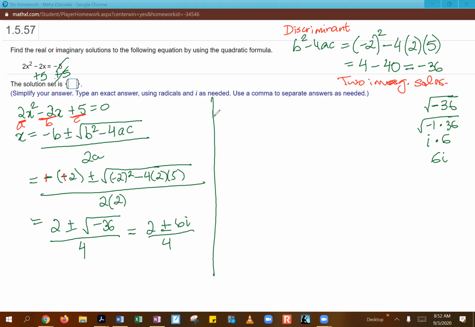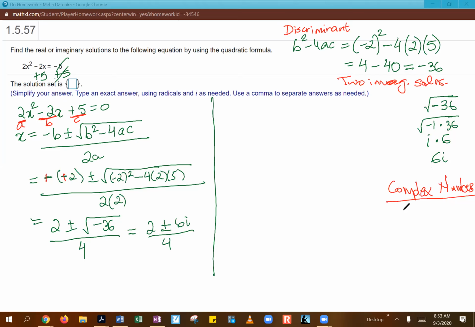Now, one other thing that I want to point out that I didn't really talk about earlier, when we have our imaginary numbers, actually when they are in this form where you have both the real and the imaginary part with it, we call them complex numbers.